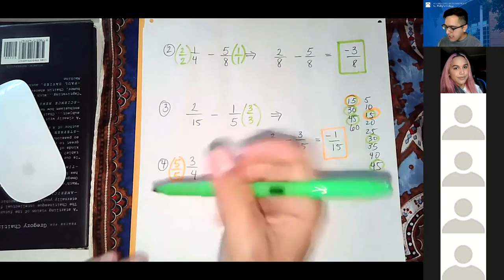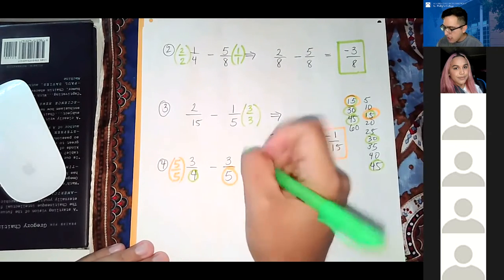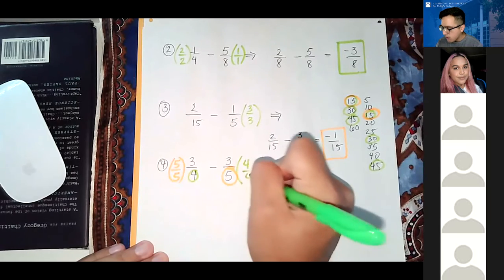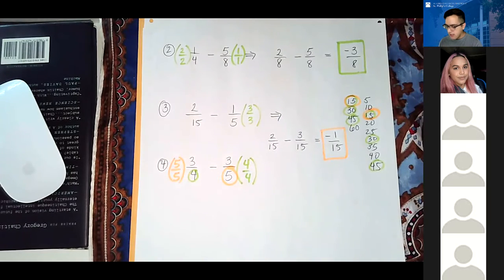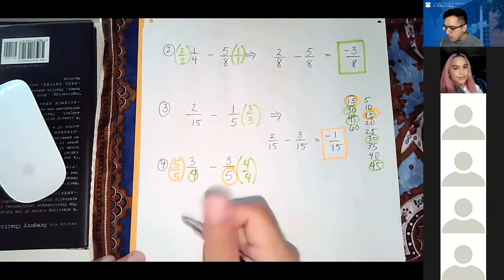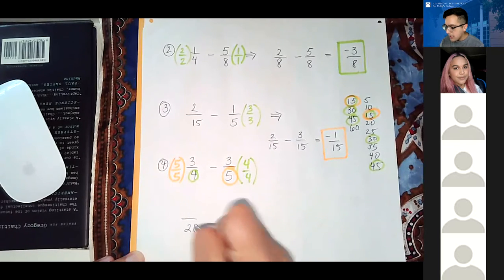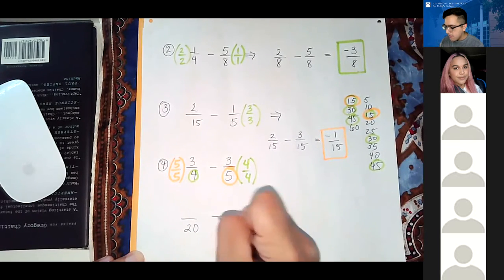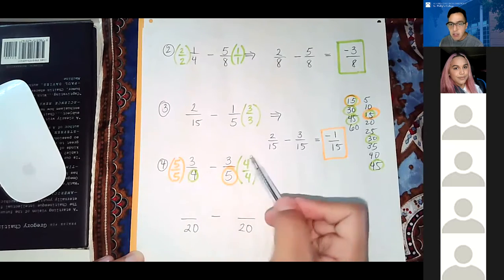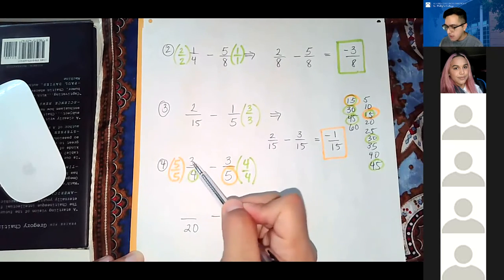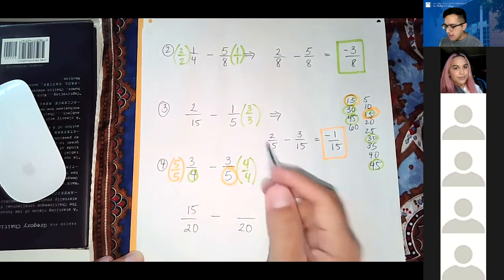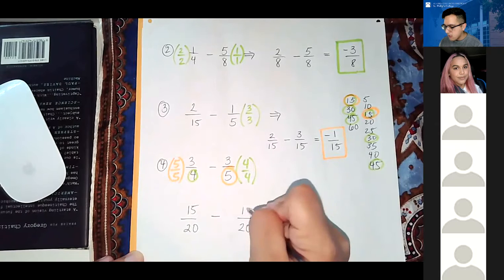And I would take this fraction's denominator 4, and I would multiply 4 over 4 on the other side. And that will allow us to change our fractions to have denominators of 20. And then we just need to figure out what the numerators change to. So 5 times 3 in this case is 15. 3 times 4 in this case is 12.